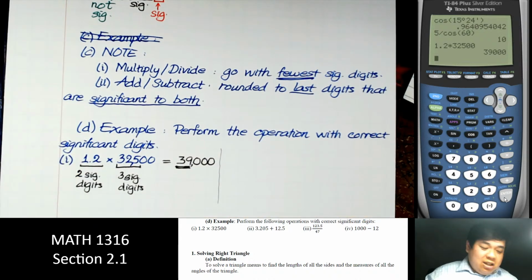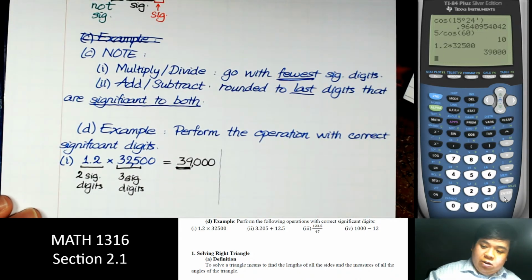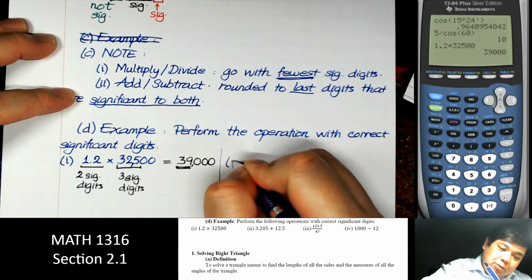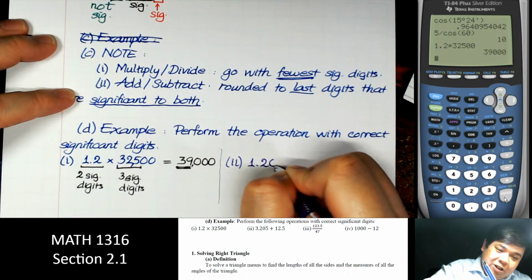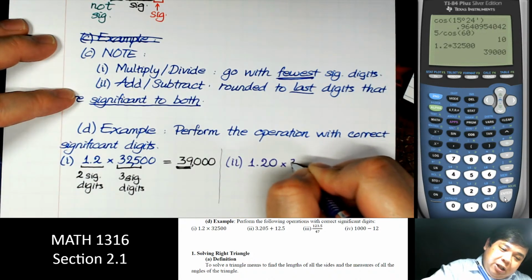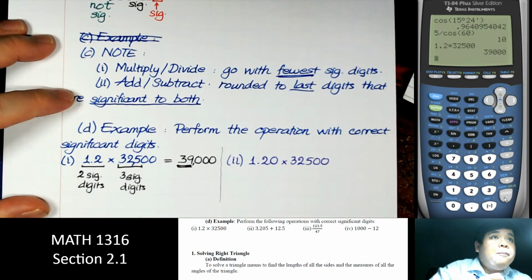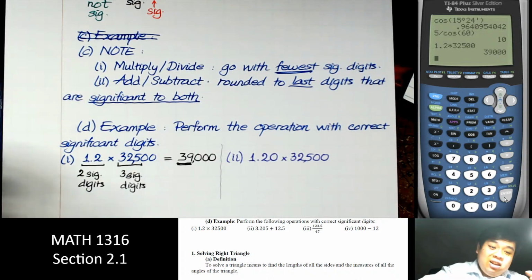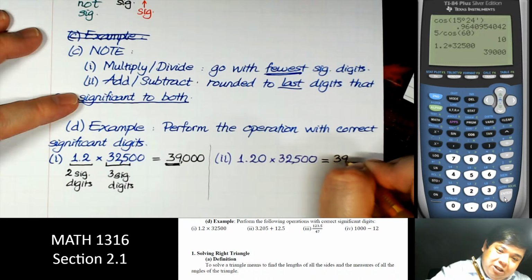Let's say we have problem number 2. We have 1.20 times 325 hundredths. Of course, we know the math is 39,000.